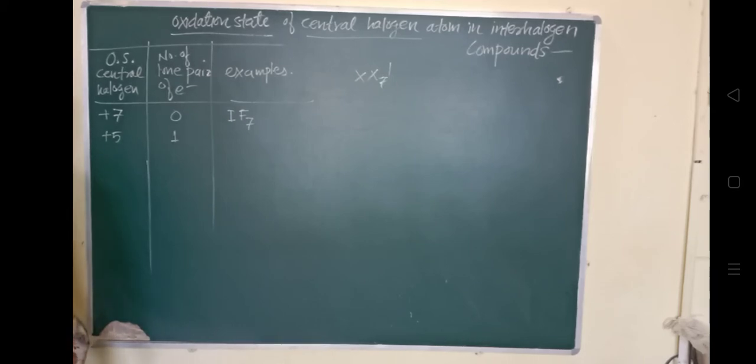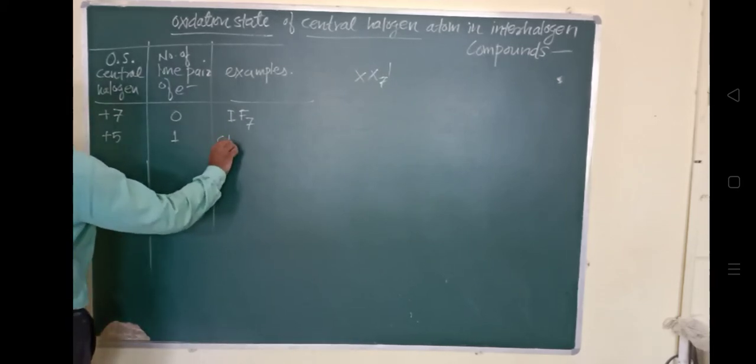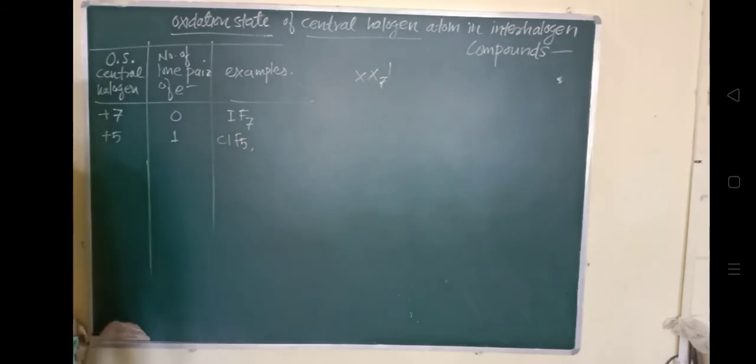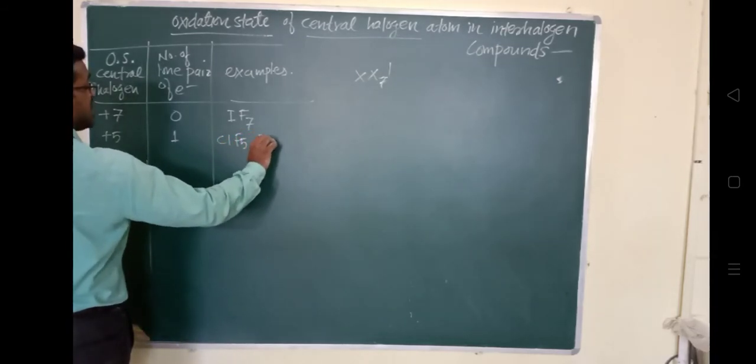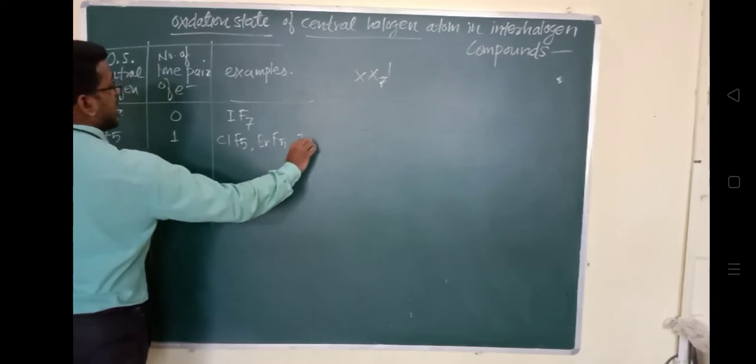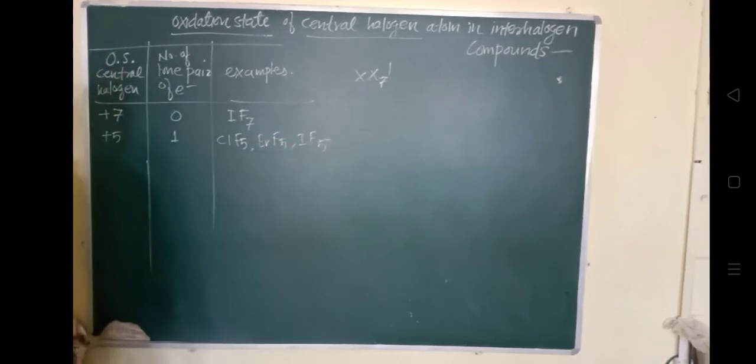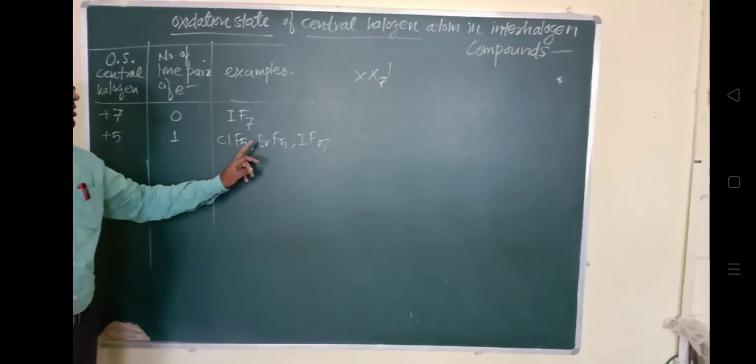and one lone pair of electrons will be present. Then next, where the +3 oxidation state comes, there will be 2 lone pairs.